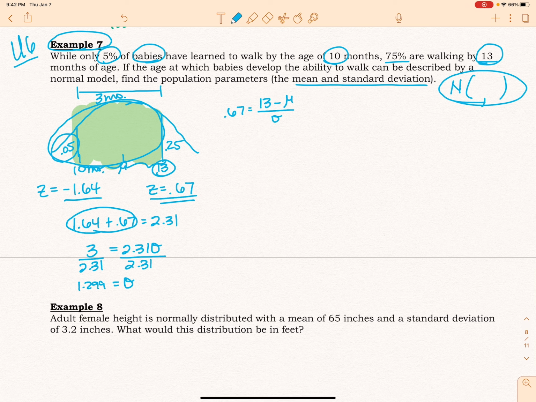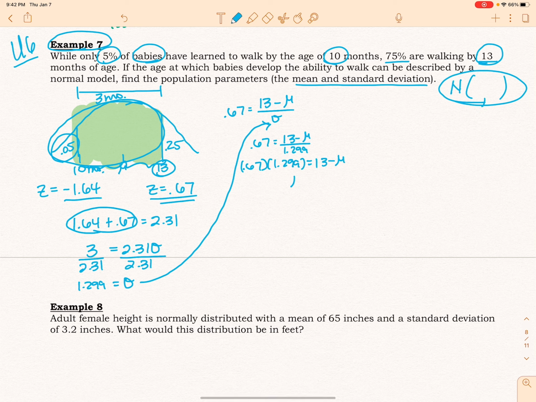Now what I can do is use that right here, and now I can do some fancy math and find my mean that way. I don't have my calculator with me, so just trust me. That gives me my parameters, 12.13 and a standard deviation of 1.299.